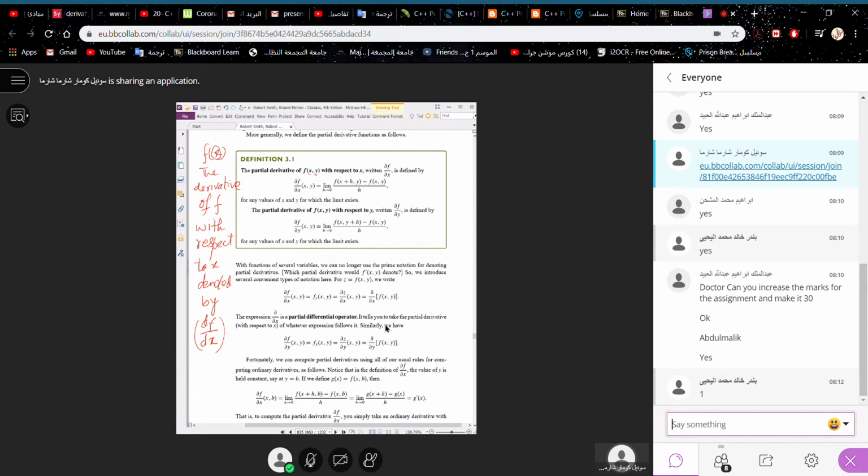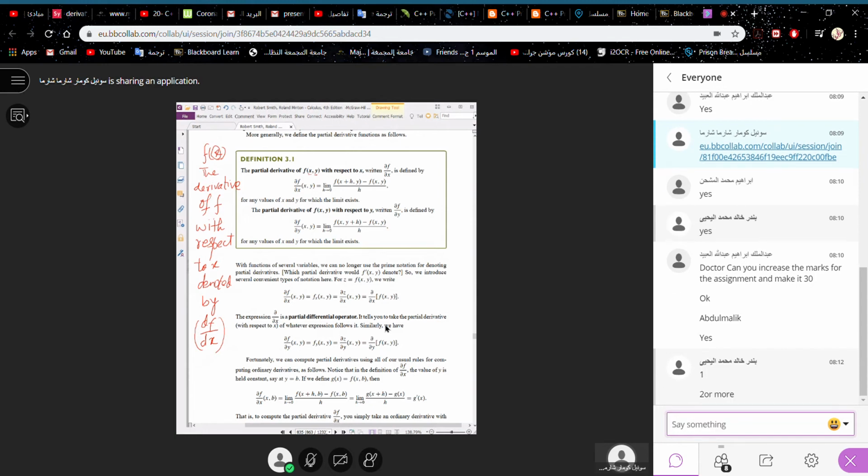How many variables? 2 or more variables. Then we denote the derivative of f with respect to x with this symbol, del f upon del x.